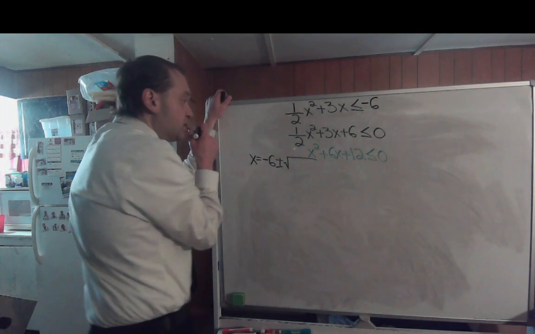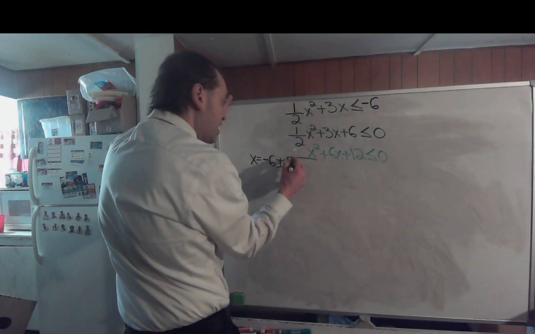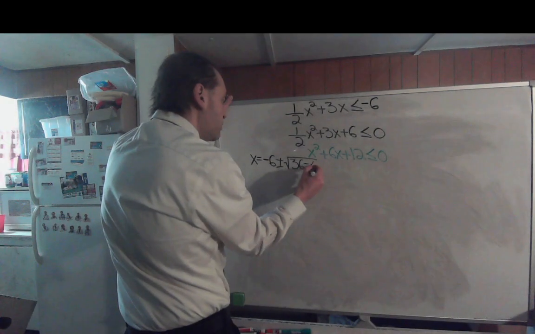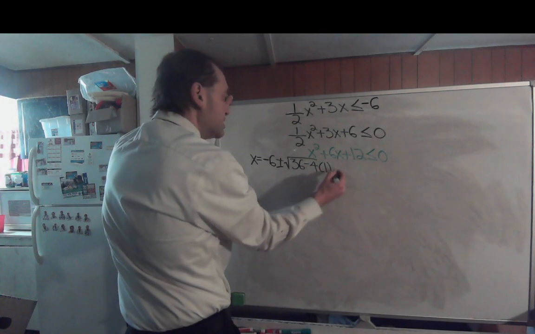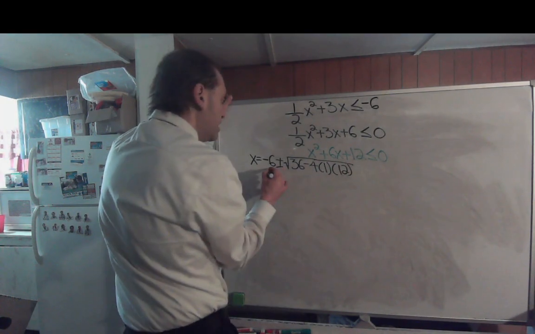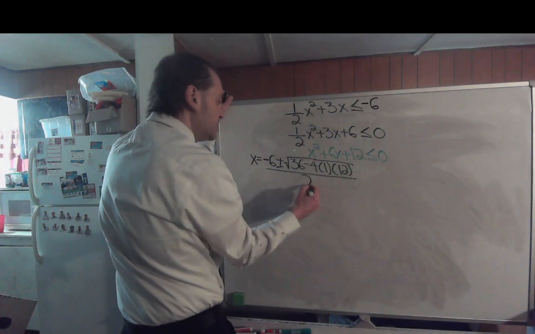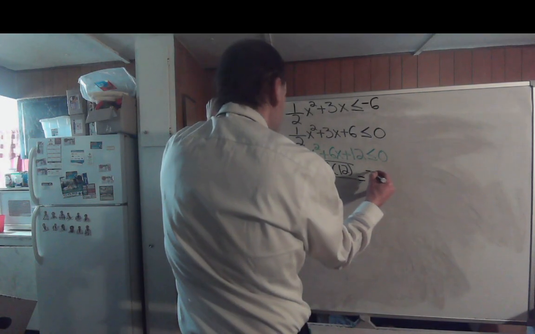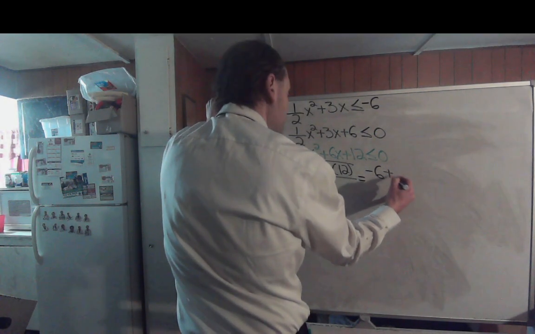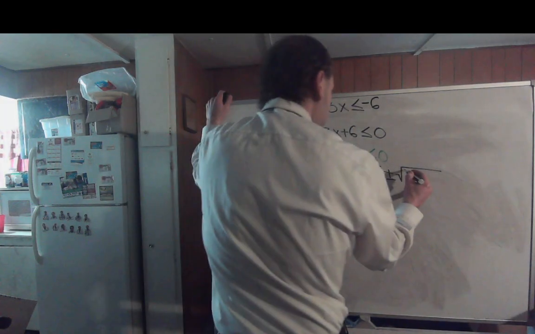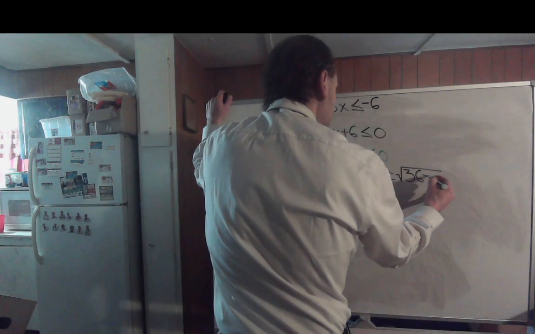So that's going to end up being 36 minus 4 times your a of 1 times your c of 12, all over 2 times your a of 1, so that'd be 2. Well, that would equal negative 6 plus and minus the square root of, well, that'd be 36 minus 48 all over 2.